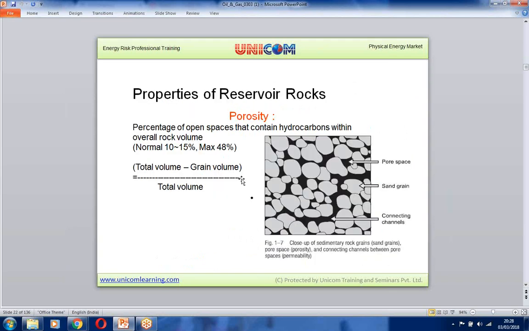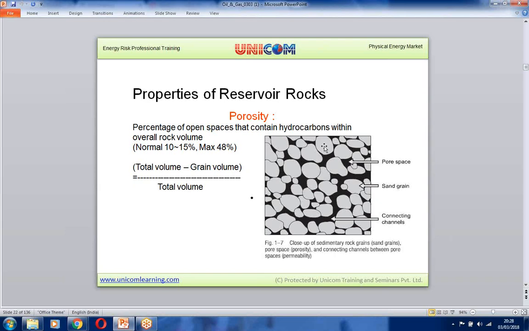Here I will introduce two important parameters, which are porosity and permeability. Porosity is the space between the grains in the reservoir rock. You can see the pores here, and these are the grains.